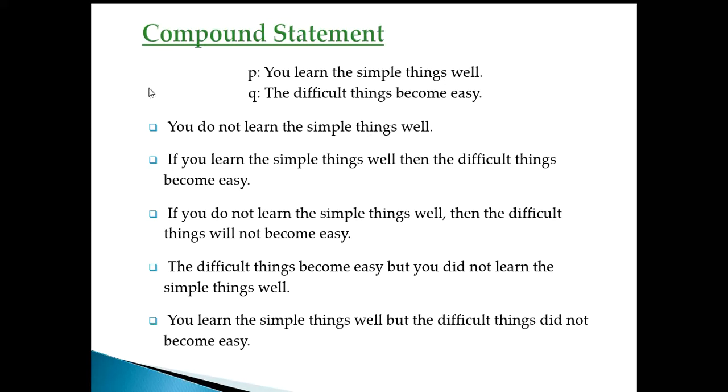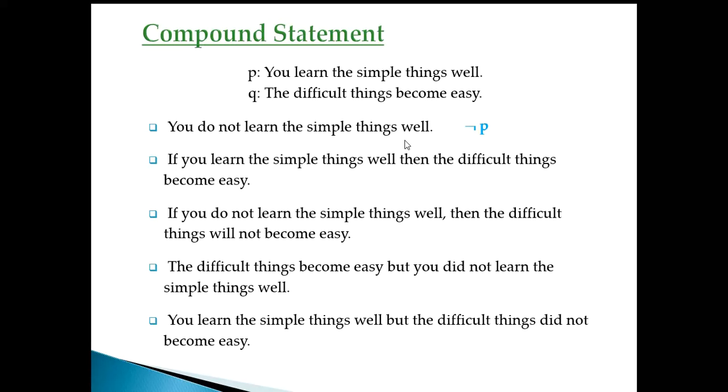First, suppose you do not learn the simple things well. Here this is P, and "do not" means the negation of P. So the representation of this statement is negation of P.